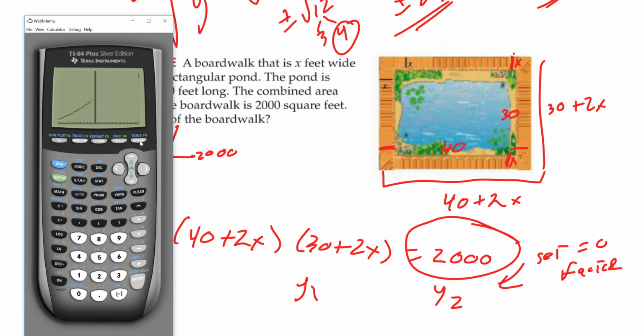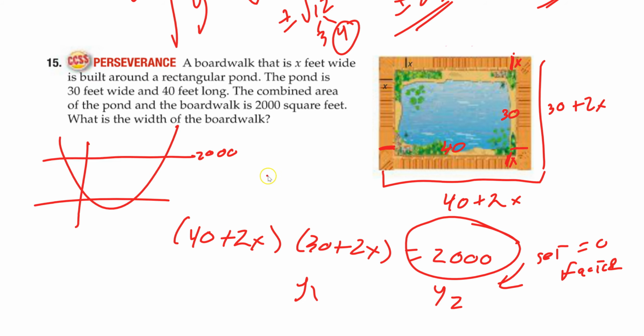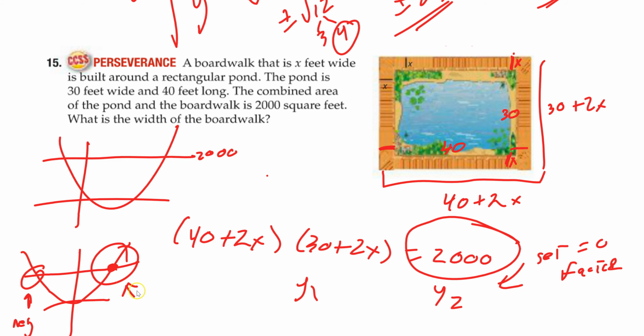Ooh, no. Anyway, you can see this part right here, and I can find this one. I can't find the other one, but honestly it doesn't matter. You know why? That's negative. You can't have a negative width, so the only one I care about is this one, and that's all I have to find.